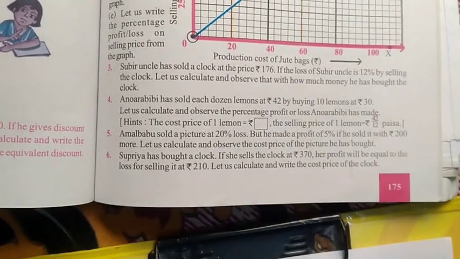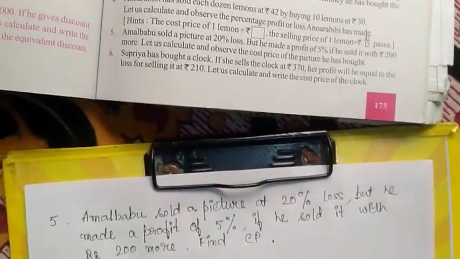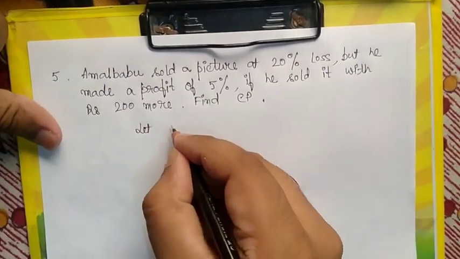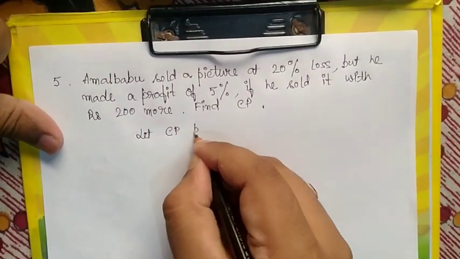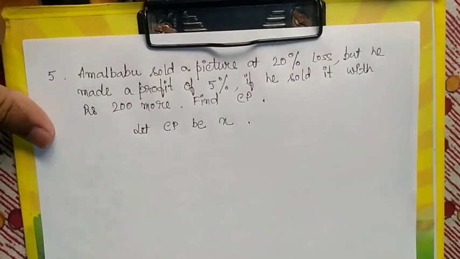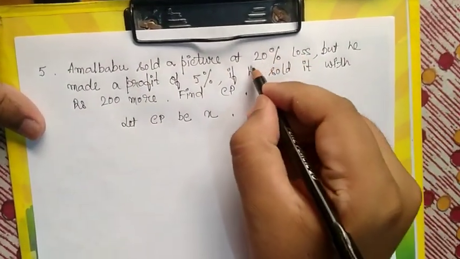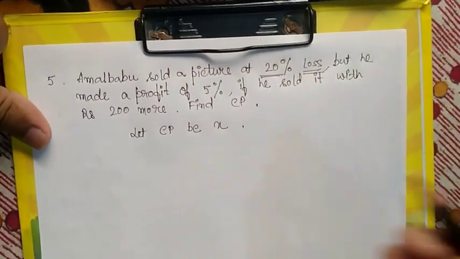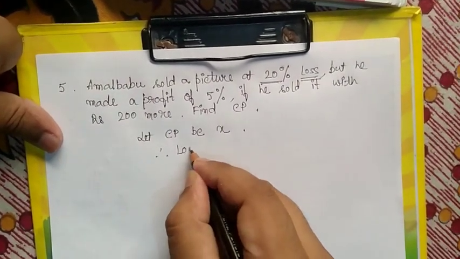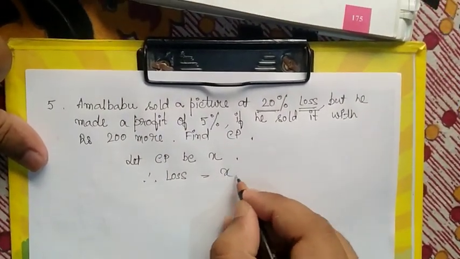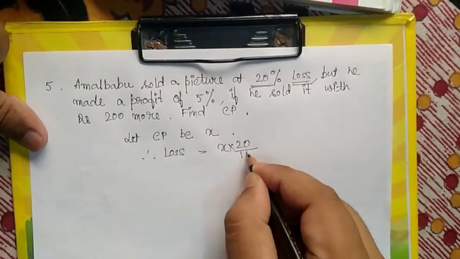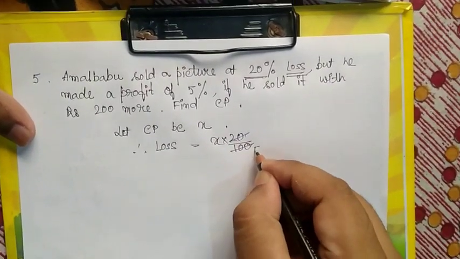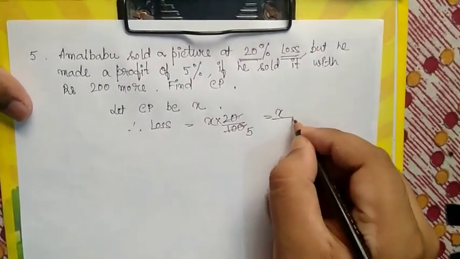So first of all, let CP be X. We assume that CP is X. Amol Babu sold a picture at 20% loss. So therefore loss equals X into 20 by 100, which is X by 5.